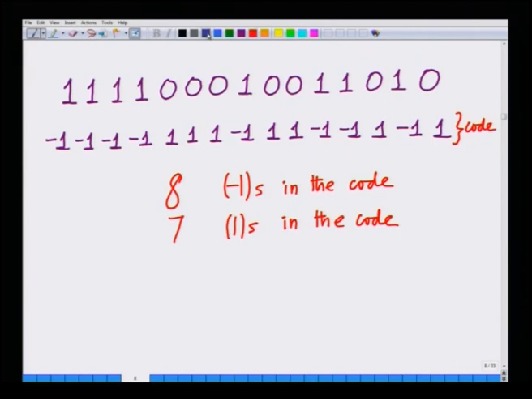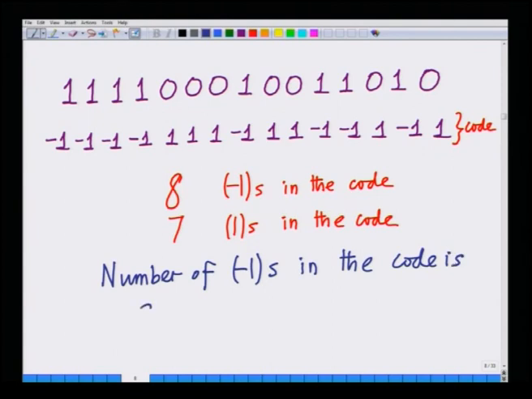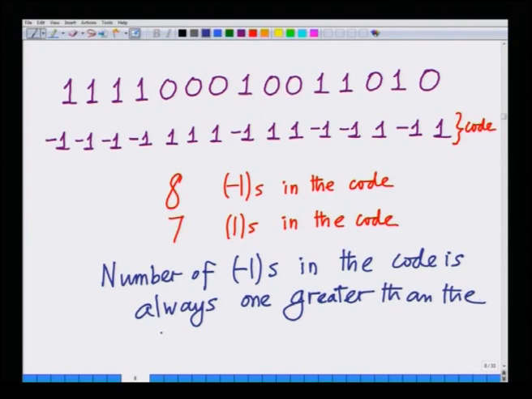So, let me write the property: the number of minus ones in the code is always 1 greater than the number of ones in the code.